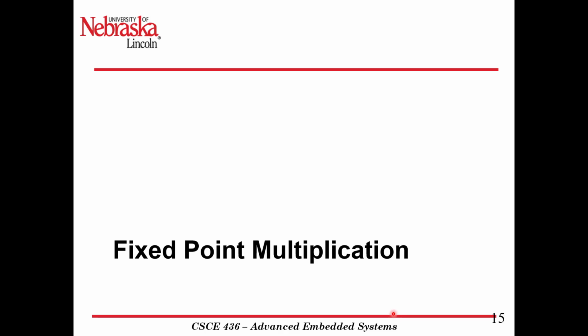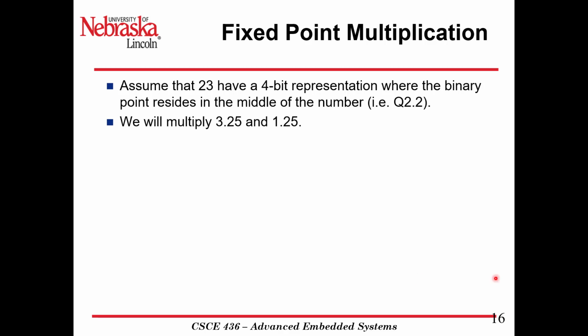How do we do multiplication with fixed point numbers? We can assume a 4-bit representation where the binary point resides in the middle of the number. So we're going to use a Q2.2 format just to make it a little bit smaller and easier.